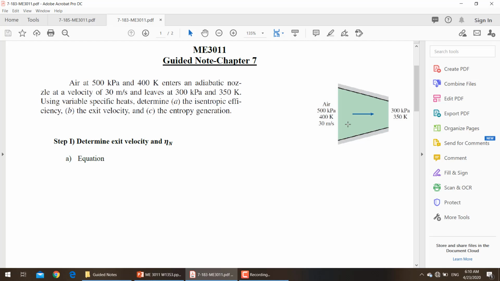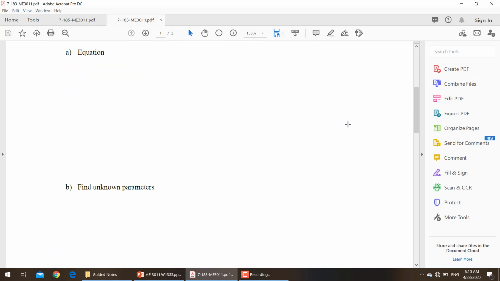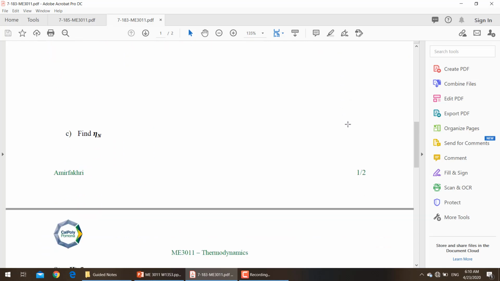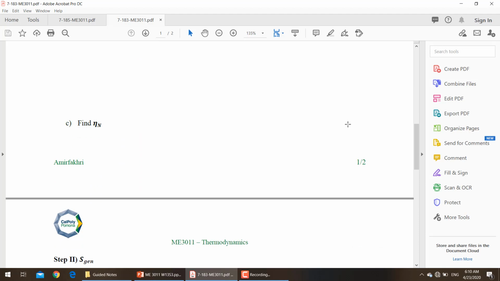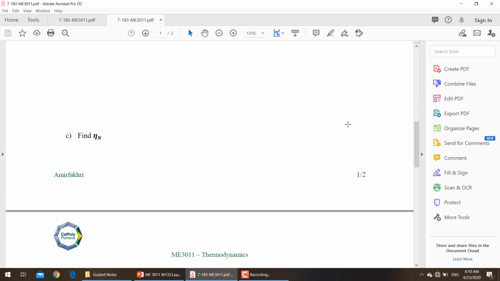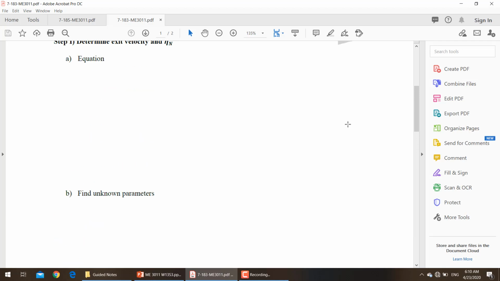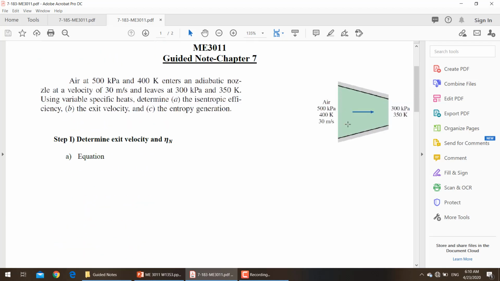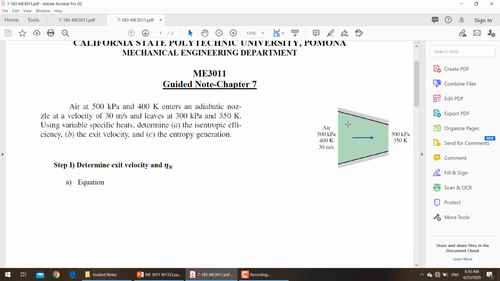Then you need to find the unknown parameters, and eventually you can calculate the isentropic efficiency of these nozzles. So these are the 3 steps. Please pause this video, spend 5 minutes, write the equation for the isentropic efficiency of nozzles, calculate the required unknown parameters, and then eventually calculate the isentropic efficiency of these nozzles.